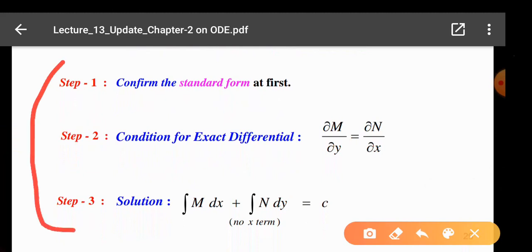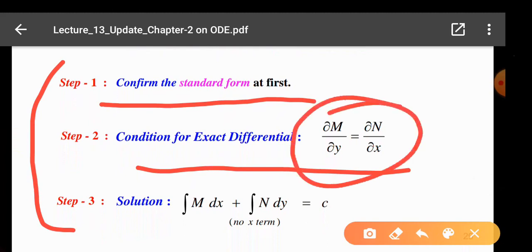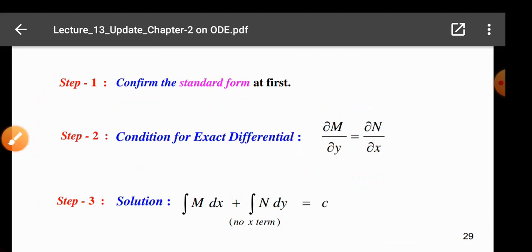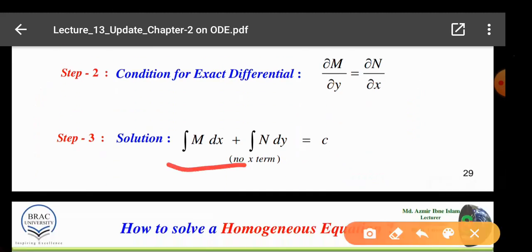In the first step we have to confirm the standard form M dx + N dy = 0, and then in step 2 we have to check whether it is exact or not by using the partial derivatives, and suppose it is exact, then the solution can be found by this process: integration of M dx plus integration of N with respect to y equals a constant c.